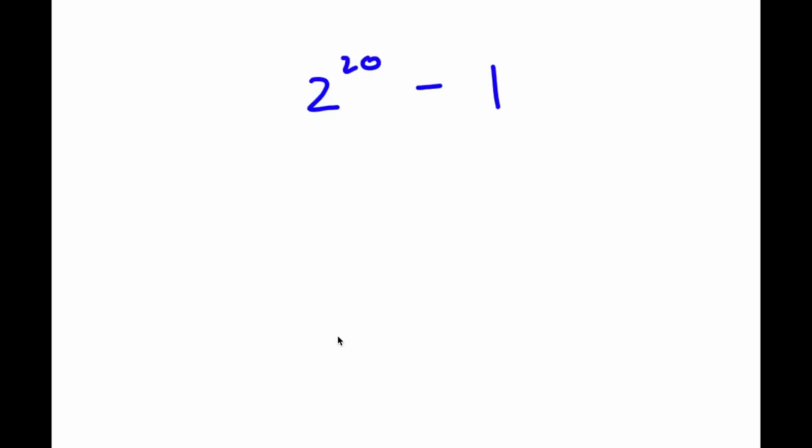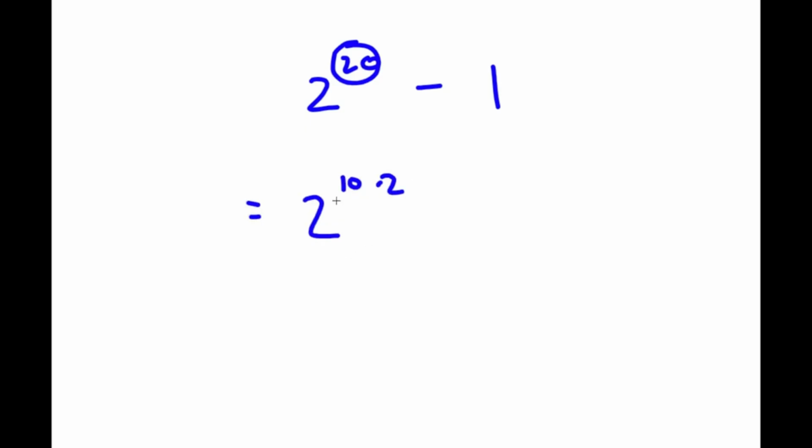All right, so in this problem, I have 2 to the power of 20 minus 1. So to solve this, I'm going to first start by rewriting 2 to the power of 20 as 2 to the power of 10 times 2.